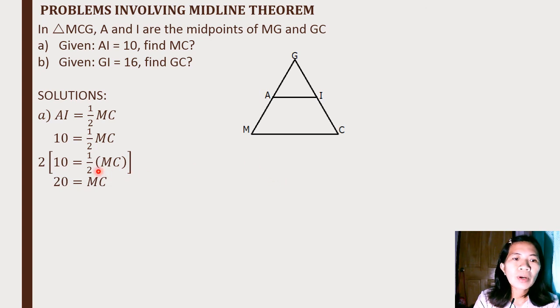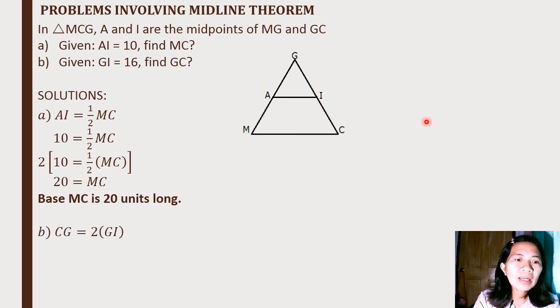And 2 times 1/2 is 1. So remaining is MC. Therefore, the measurement of segment MC is 20 units long. So if this is 20, this is 10, because the mid-segment is 1/2 of the third side.